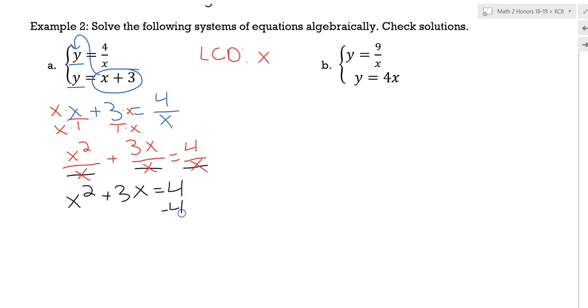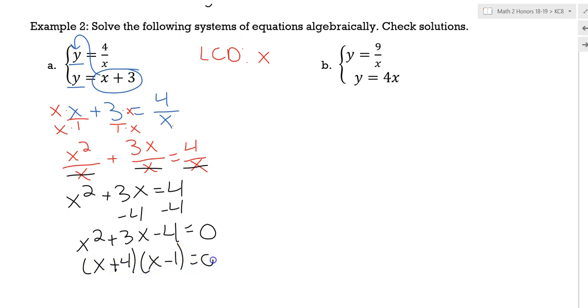We're going to subtract 4 from both sides, because this is a quadratic, so we want it equal to 0. Then factor. So then our two answers are x equals -4 and x equals 1.